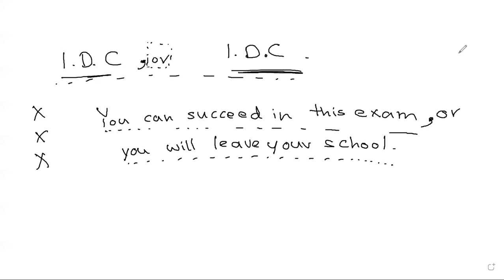So let's explore this rule and go over some examples so we fully understand this. So independent clause. Now, to connect them, we will need a comma. Now let's go over all the coordinating conjunctions here.